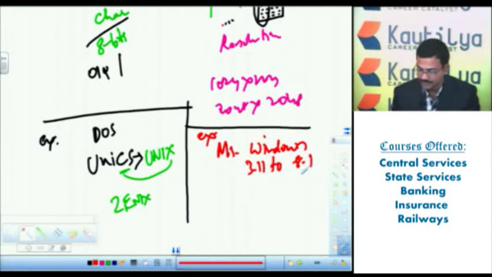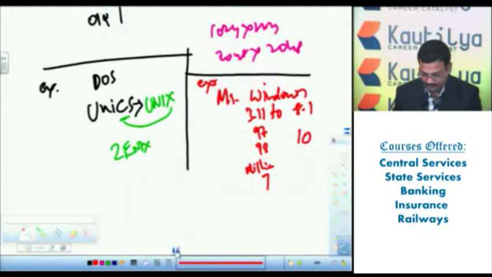From 3.11 onwards, they started directly with 97, then 98, then 2000, and Millennium Edition. Then Microsoft 7 was released, then versions 8.1 and 8.2, and soon we will see Microsoft Windows 10, all part of Microsoft Windows.